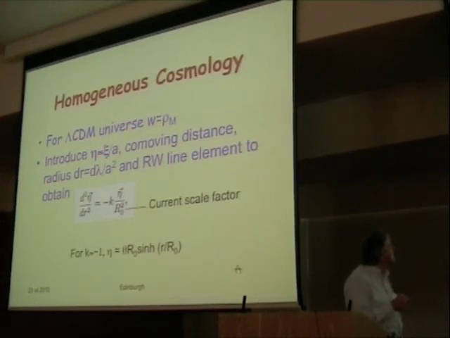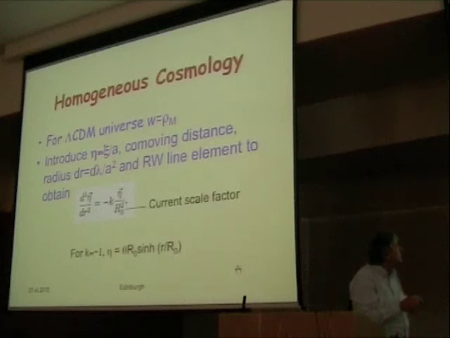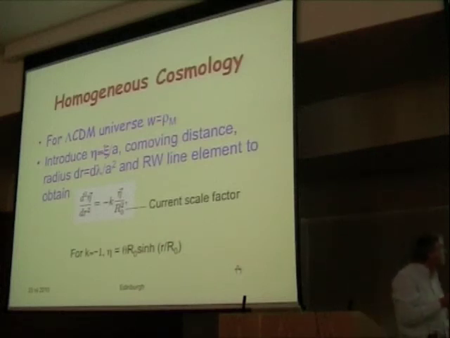If you instead replace the proper displacement perpendicular to the ray by a comoving displacement, which just means dividing by the scale factor, and you take the radius along the ray, which is then d lambda over a squared, and this is all still geometry actually, then the equation becomes an even simpler second order differential equation, where k is this trichotomic variable, minus 1, 0, or 1, depending on the nature of the curvature, and R0 is the current scale factor.